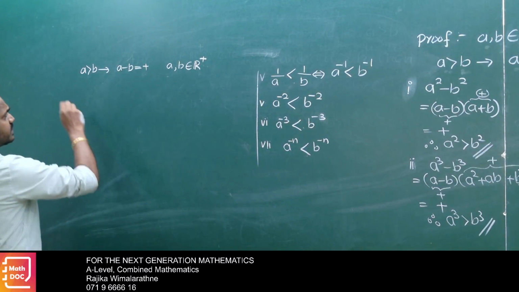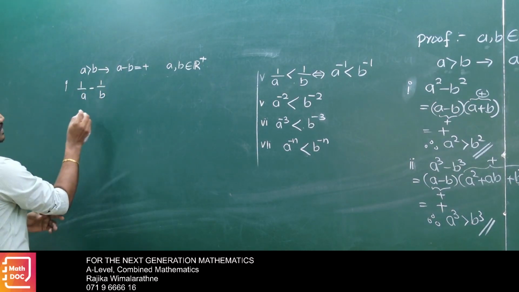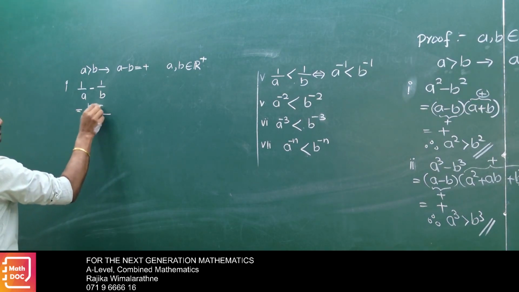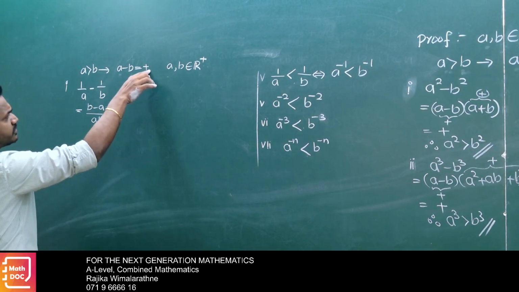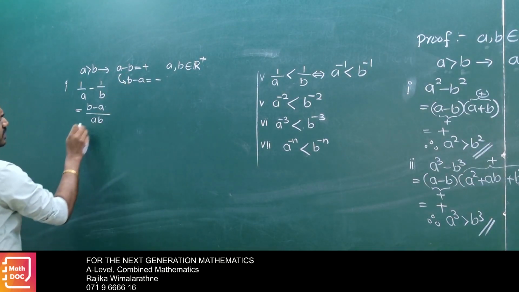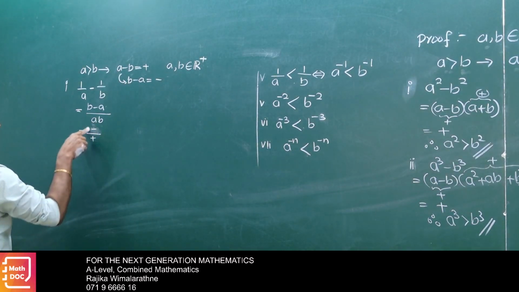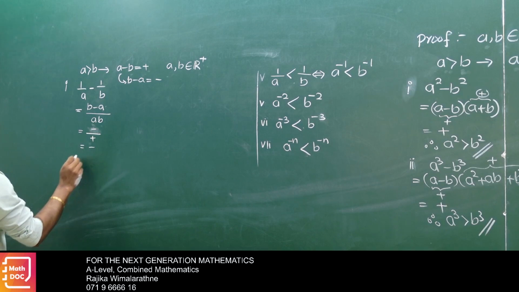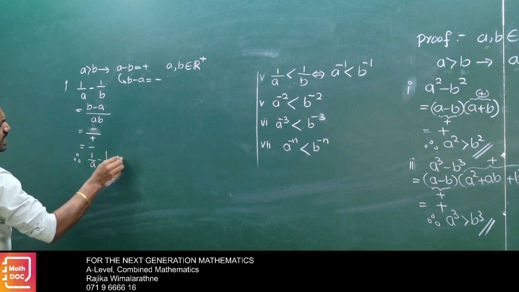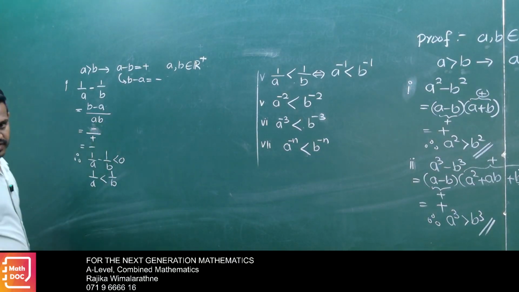Okay, now first case, think about 1 over a minus 1 over b. When you simplify this, get the common denominator ab: b minus a. Then a minus b is positive, which means b minus a is negative, no? Then here negative, ab positive. And negative over positive means a negative value. So that means 1 over a minus 1 over b is less than 0. Then 1 over a is less than 1 over b.